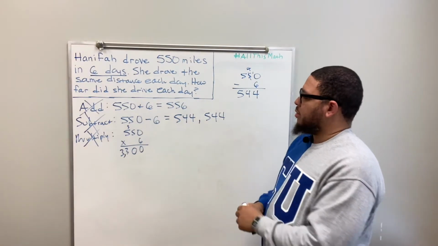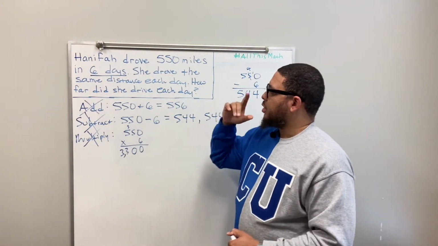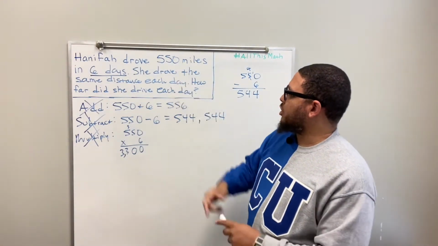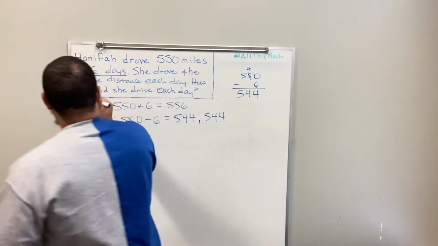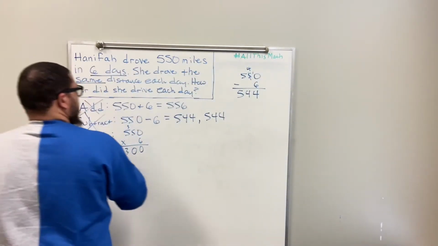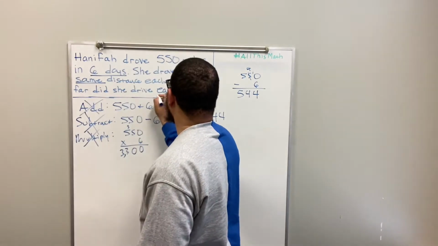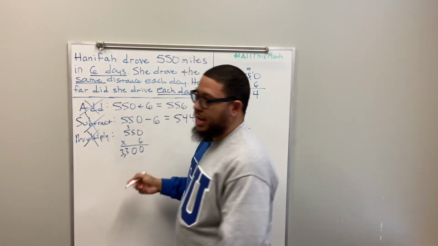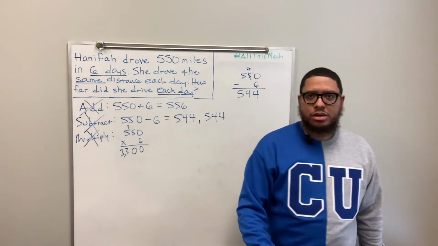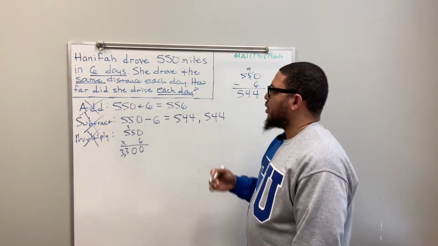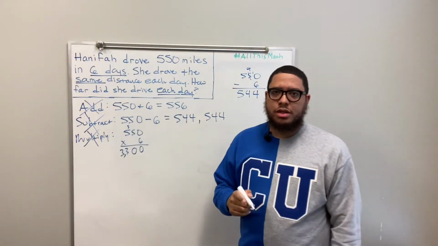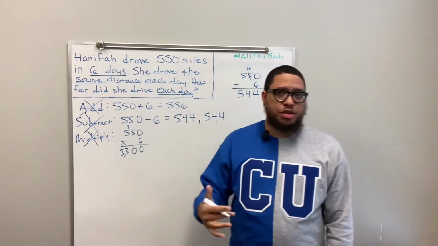Now, for future reference, so you'll know when you see a word problem, you see words like same, you see words like each day, each minute, each hour, each person. Those are buzzwords that give you a hint that you should divide.